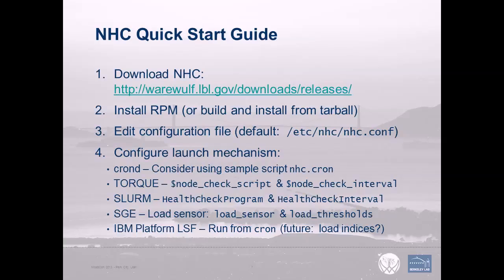Then once your configuration is ready to go, all you have to do is configure whatever your launch mechanism is. Usually that's going to be a resource manager, be it Torque, Slurm, whatever. But it doesn't have to be. There are a lot of sites that prefer to run out of cron, and I learned a couple weeks ago, I think, that there's one site in particular who's running 2 copies of Node Health Check.